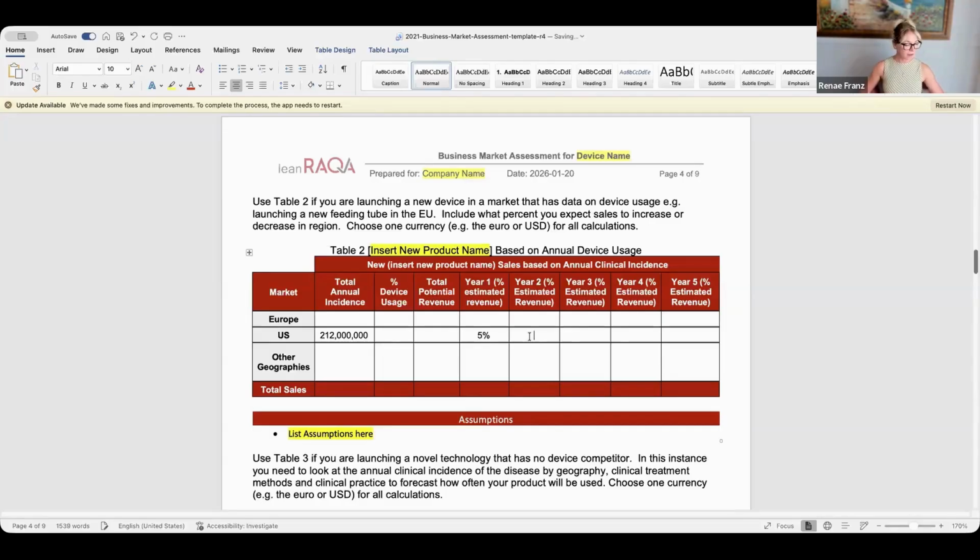But I really think that by getting on group purchasing organizations like HCA and Vizient, I've got really competitive pricing. I bet I could hit 10% by year 2. And then you could just forecast your revenue out from there. That's how you would use this tool.